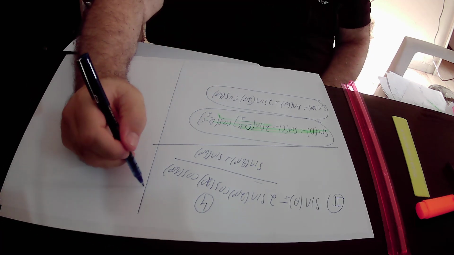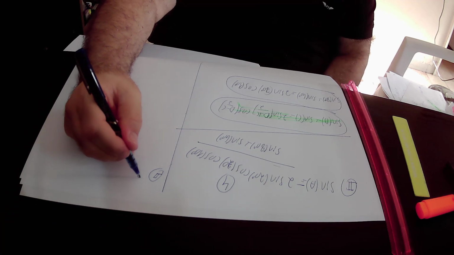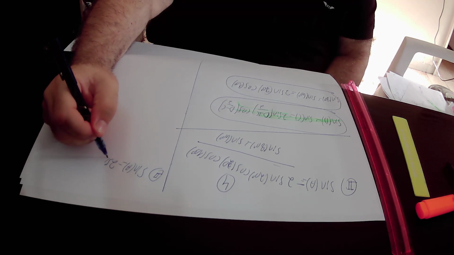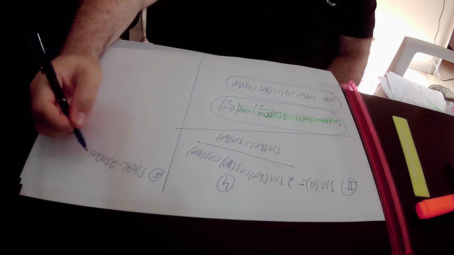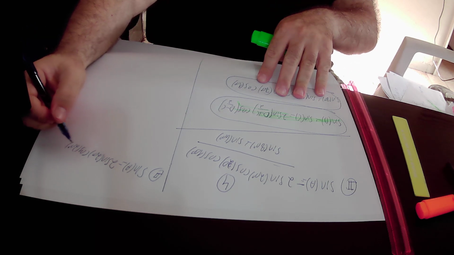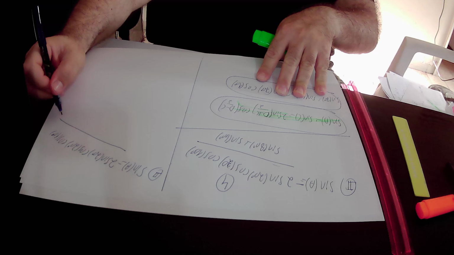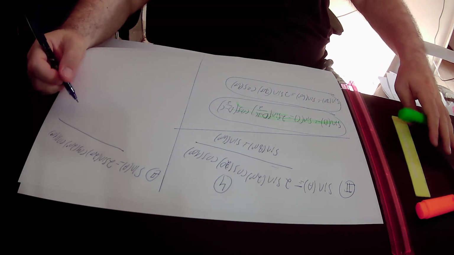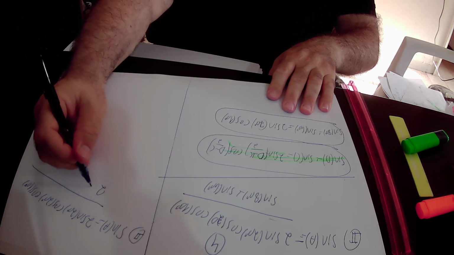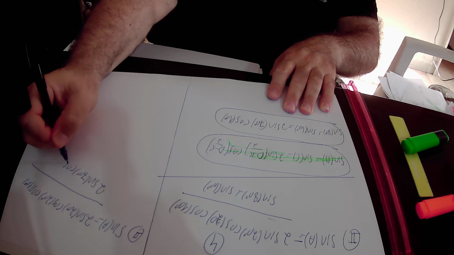And we'll get that according to equation number 2, sine theta equals 2 times sine 20 degrees times cosine 20 degrees times cosine 10 degrees over sine 80 degrees plus sine 60 degrees, which equals 2 times sine 70 degrees times cosine 10 degrees.